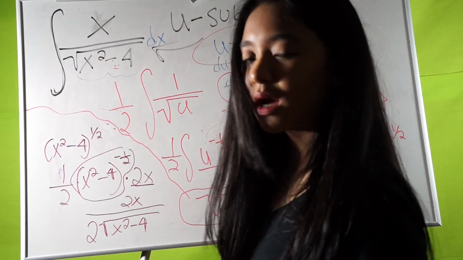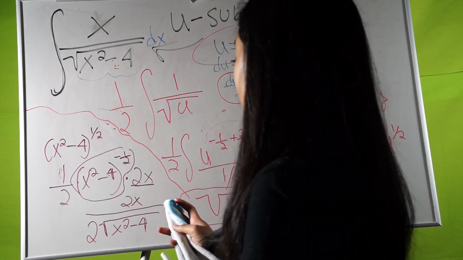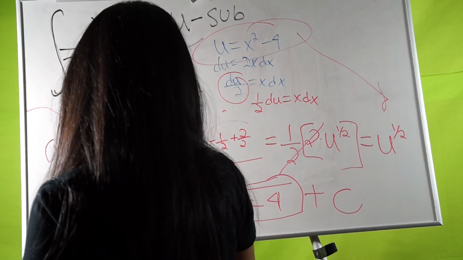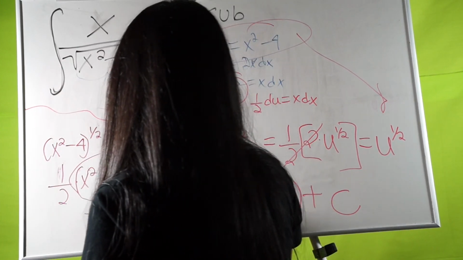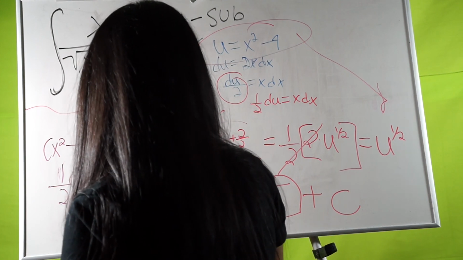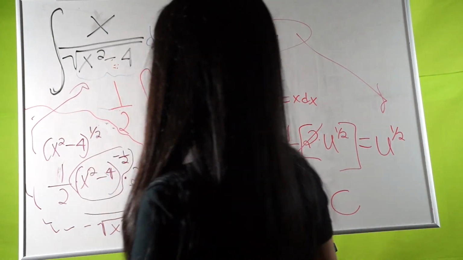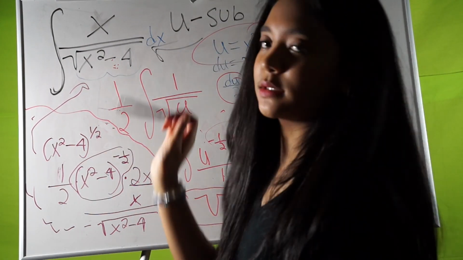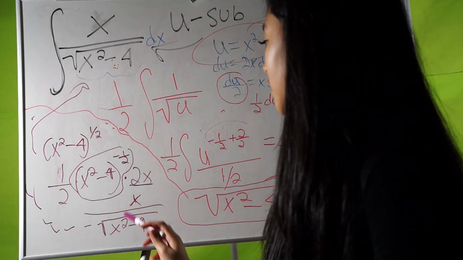And as you can see right away, what's really cool is that these go away. Bye-bye, 2's. So now, we're left with the original problem. This should equal to this. So, as you can see, I derived it.